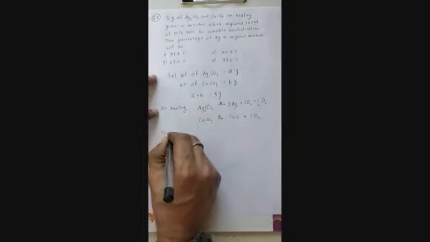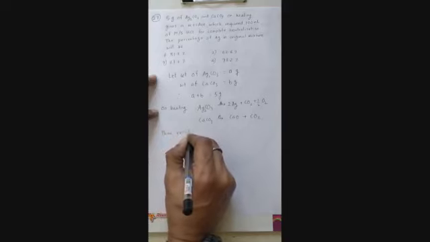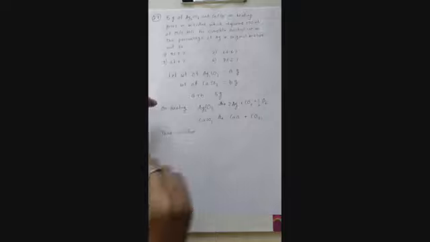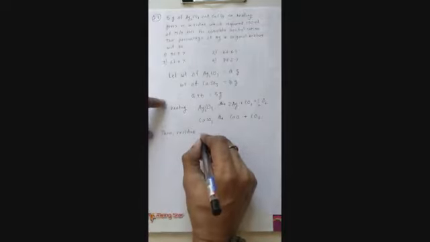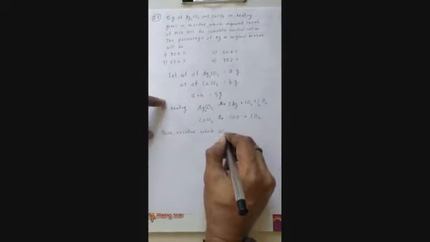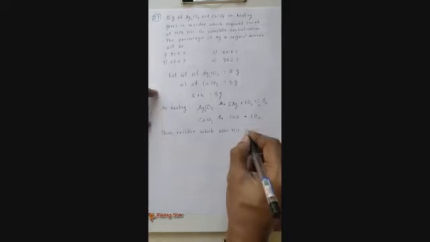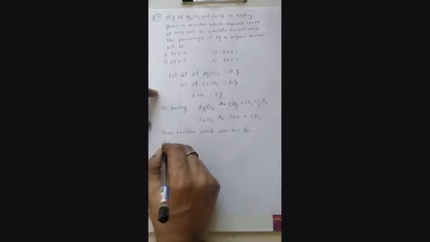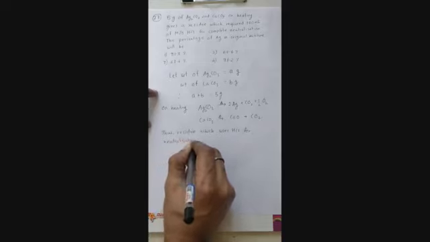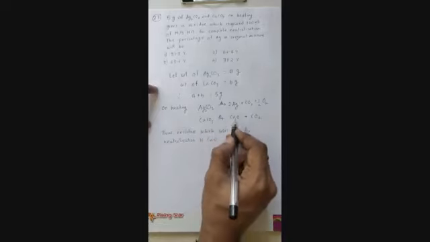Thus, what is the residue that you are getting? The residue which uses HCl for neutralization is CaO. Correct? Now this is the only residue.